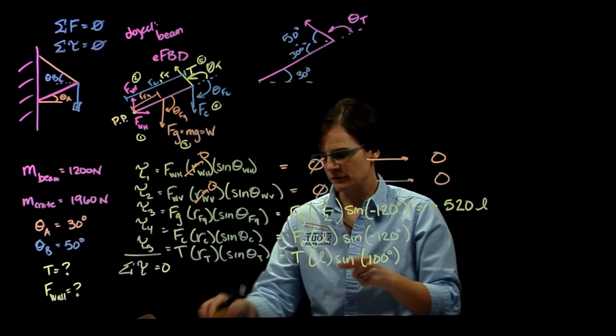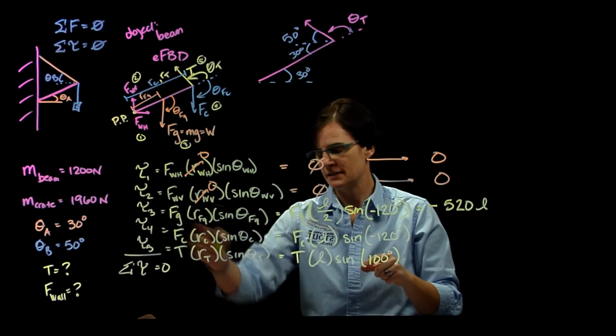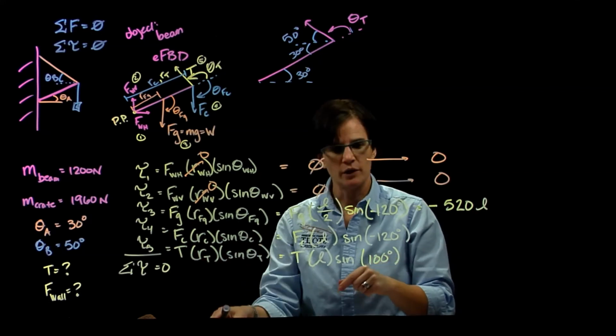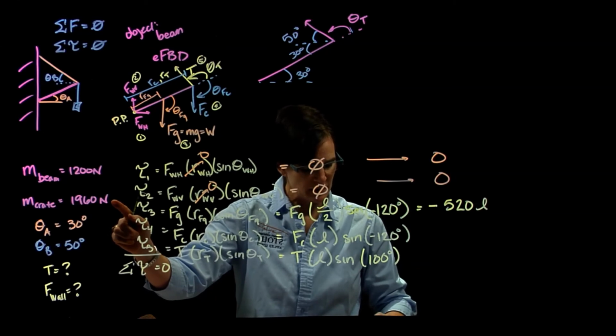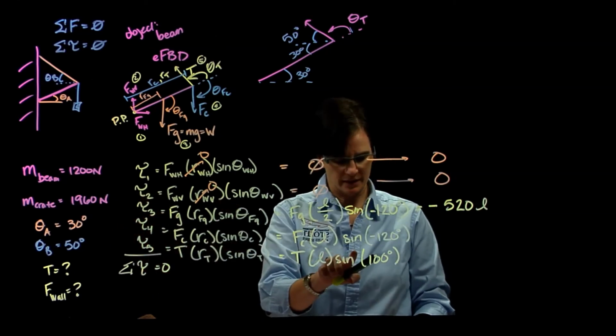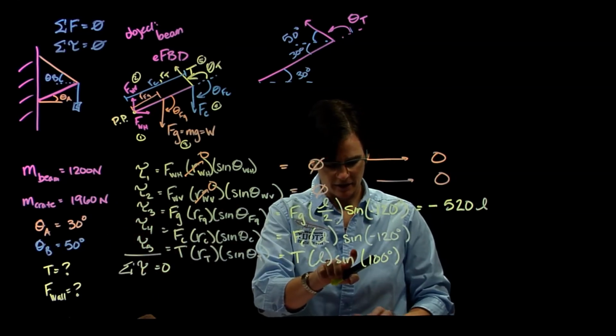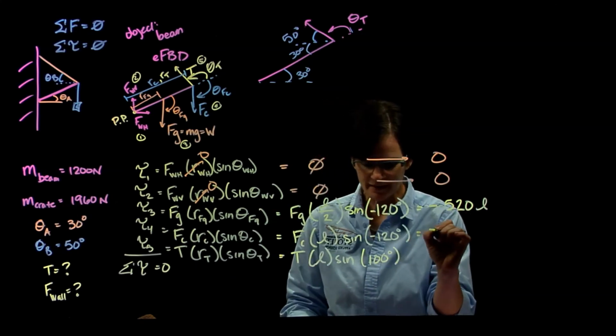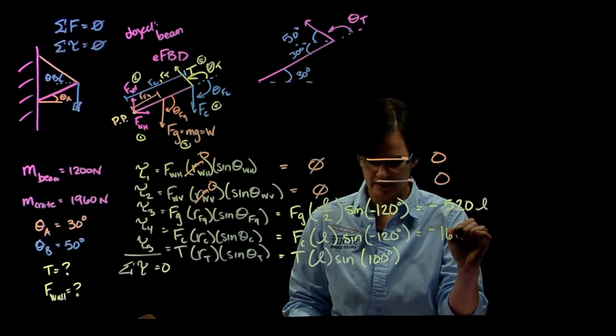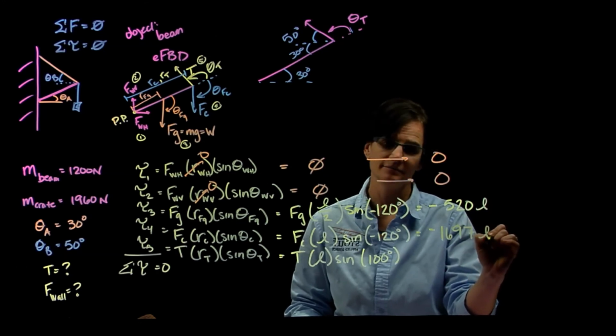How about our second force, our second torque? Our force of the crate we are given as 1960 times L, don't know L, times the sine of minus 120. And that gives us negative 1697 times L. Okay?